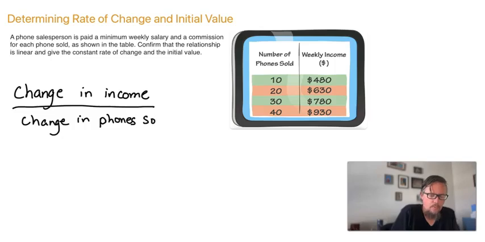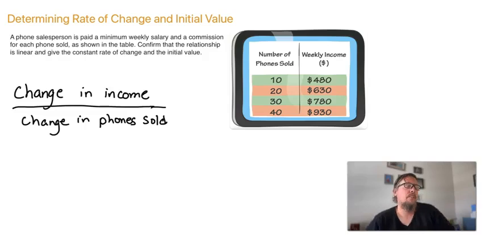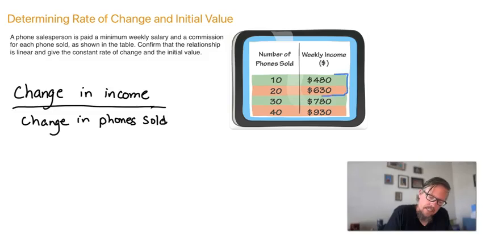And we're going to create a ratio of change in income to change in phones sold, and then just check and see, are those ratios, and there are three of them here, are those ratios the same? Okay, so let's look at our first set of data that we have here. That is these two data points.